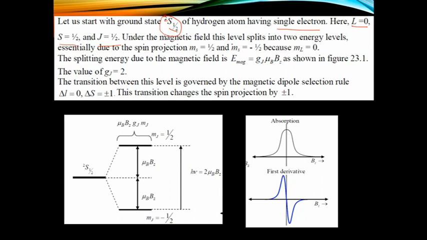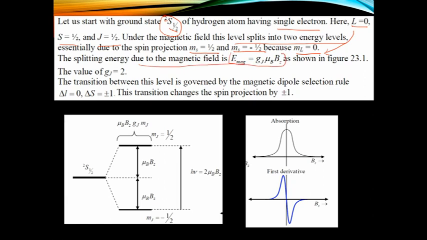Under the magnetic field, this level is split into two energy levels, one aligned, one against, and they are represented by the magnetic moment, the spin, as plus half and minus half because ML is equal to 0.